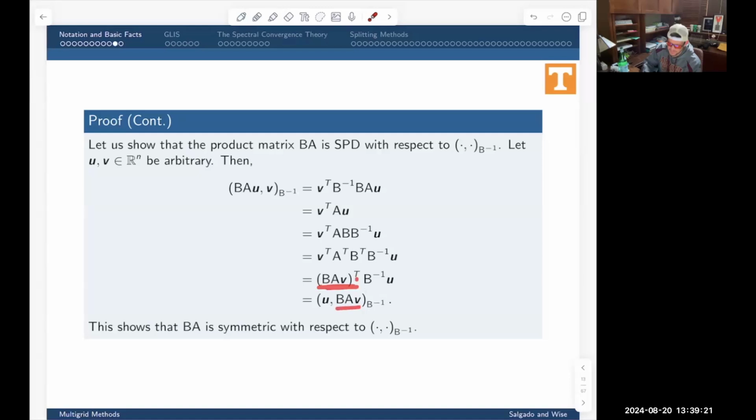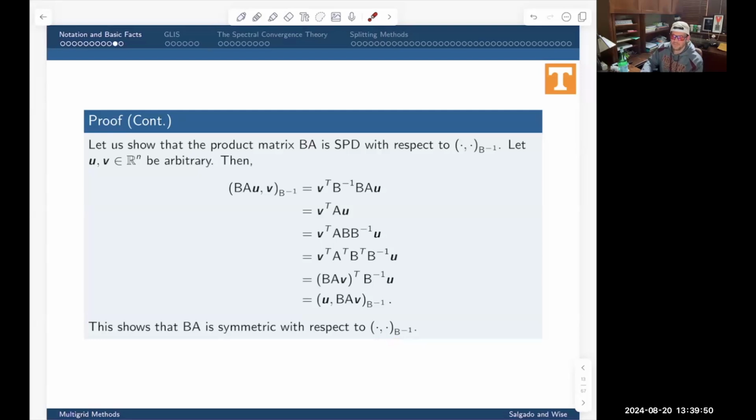The important part is that BA pops up over there. And this is what we mean by symmetric with respect to B inverse. Even though I didn't really define it, it should be understood that you would define symmetry for a generic inner product in exactly the same way we did for the Euclidean inner product. So this shows symmetry with respect to our B inverse inner product.